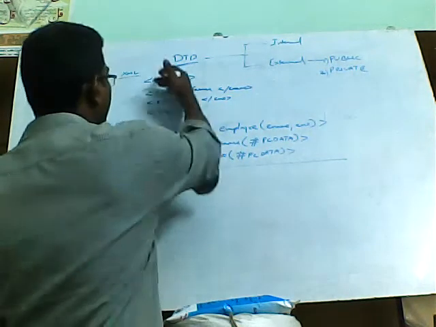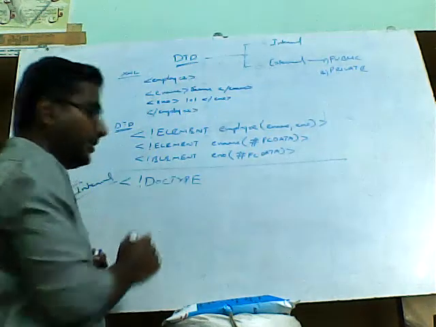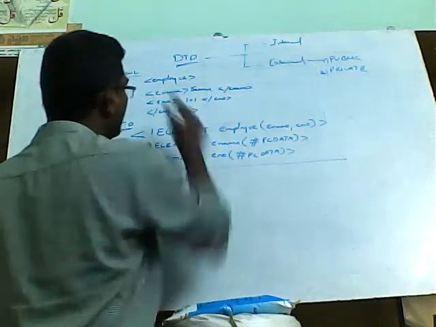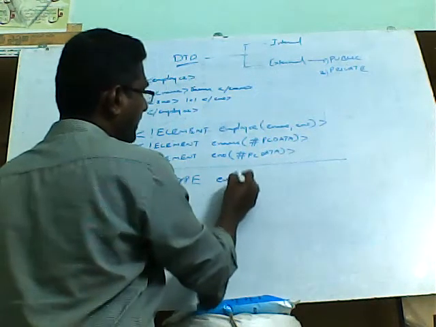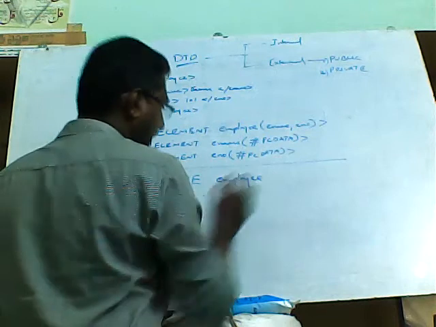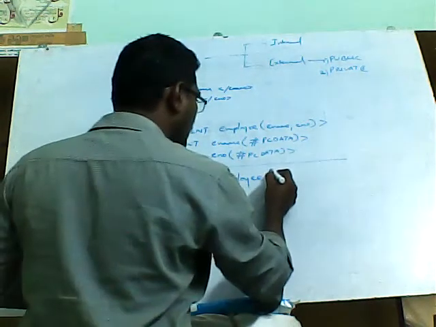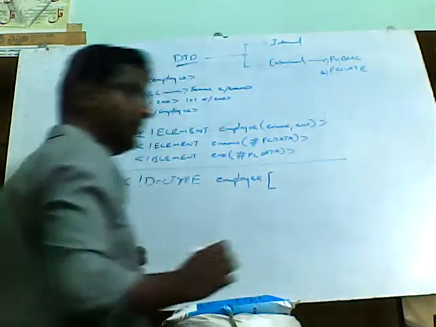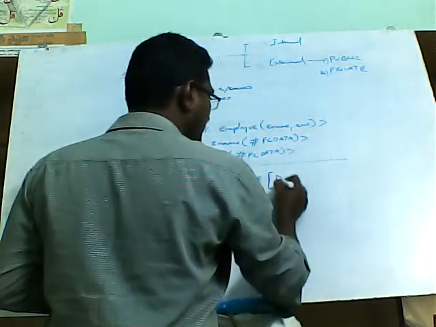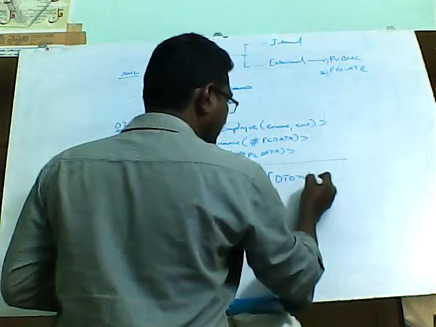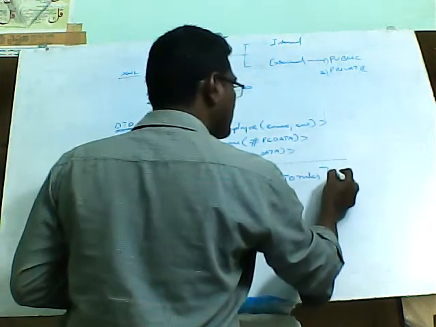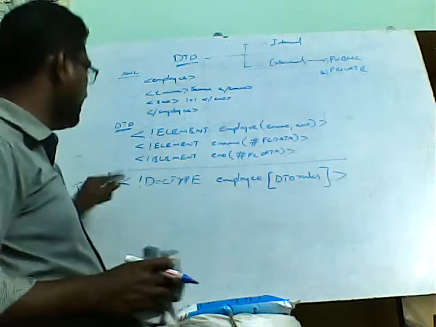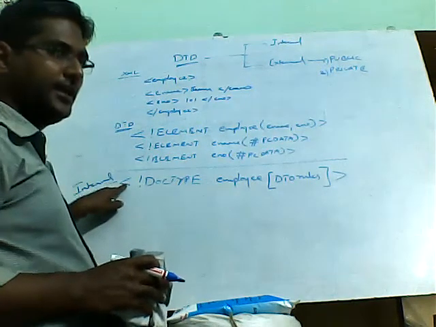In order to link this DTD with the XML, DOCTYPE followed by the root element. What is the root element? Employee. Then after that we have to specify all the things in the brackets, meaning all the DTD rules we need to write here. Then close. So this is the syntax we need to follow in the internal DTD.